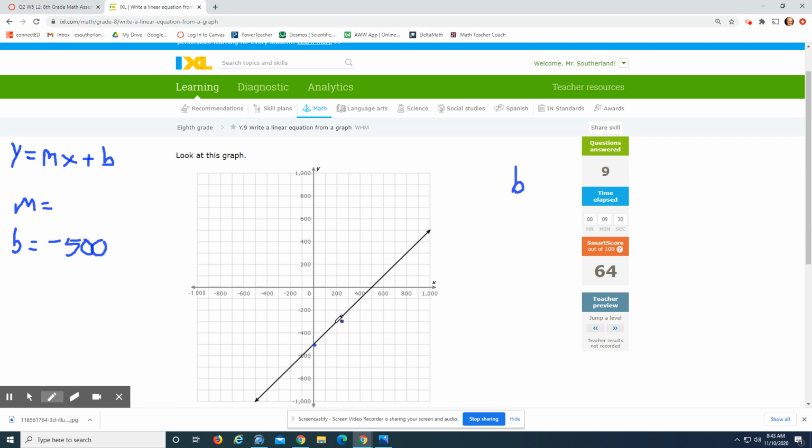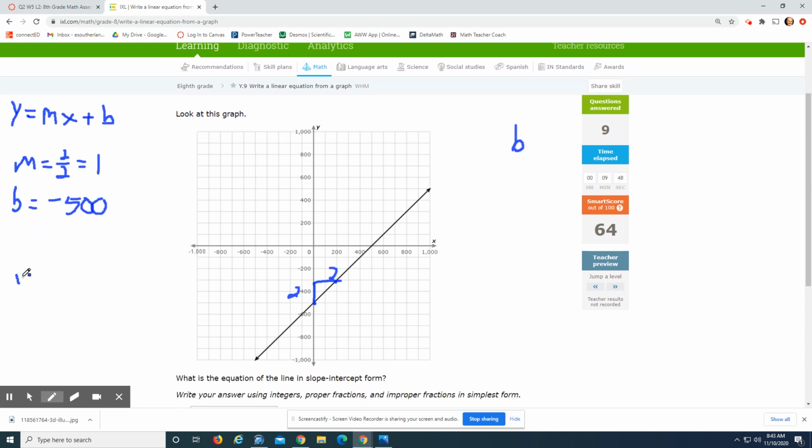And then we can see that it rises 2 and runs 2. So this is 2 over 2, and 2 over 2 reduces to 1. It's positive. Now the equation I should write is y equals 1x minus 500.